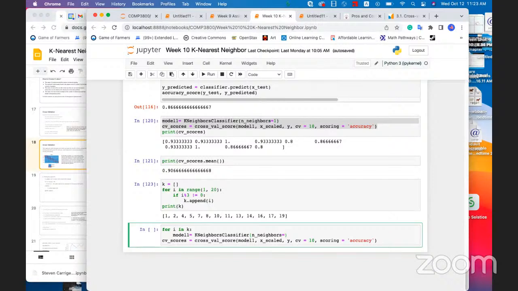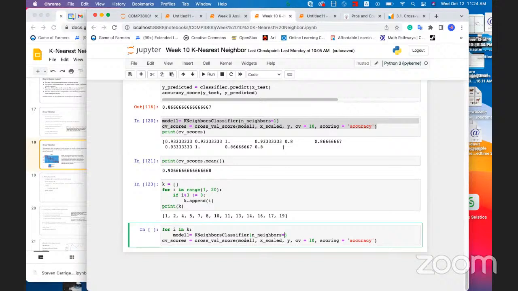So n_neighbors equals 1. What's the answer? Or would it be 8 since you took away 3? Yeah. So we are finding the optimal k. What we are doing is iterating all the ks and then getting the k value with the highest accuracy score.